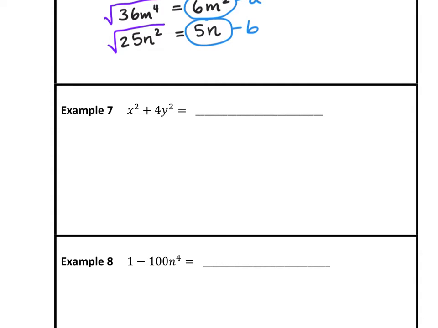Okay. The reason I mention it is if I'm looking at this one and I look at it, is there subtraction going on? No, right? Is there subtraction going on? No. So just by that alone, it's not a difference of squares.